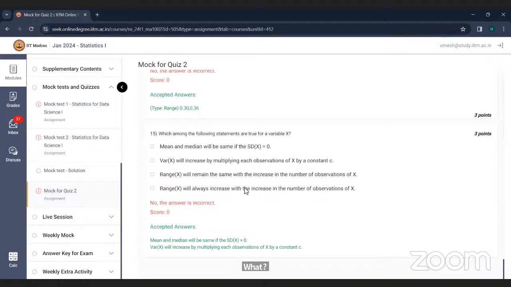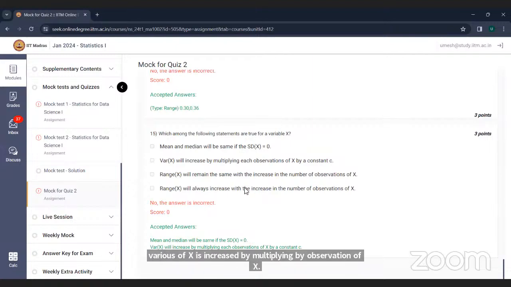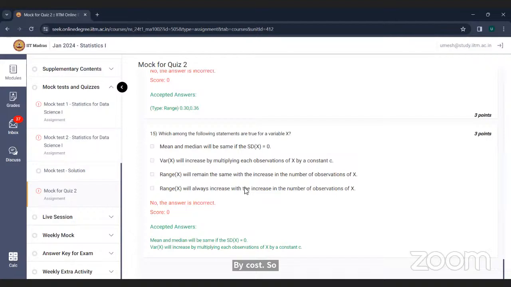See, there are four conditions. The first option says that the mean and median will be the same if the standard deviation is 0. In that case this is true: if the standard deviation is 0, then mean and median are equal. The second option is totally different from the first. It says the variance of x is increased by multiplying each observation of x by a constant. These options are totally different.